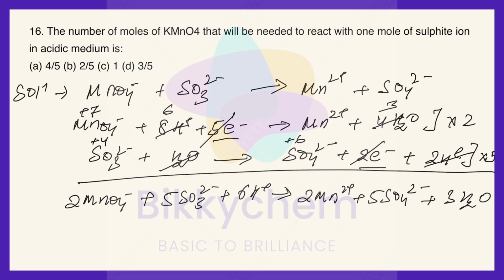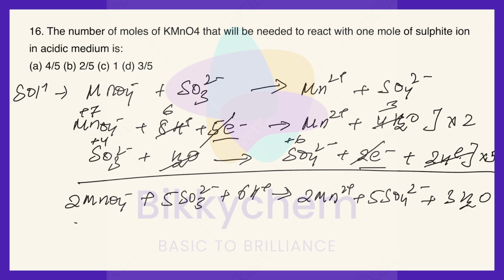So we need to find out the number of moles of MnO4 minus utilized to react with the SO3 2 minus.